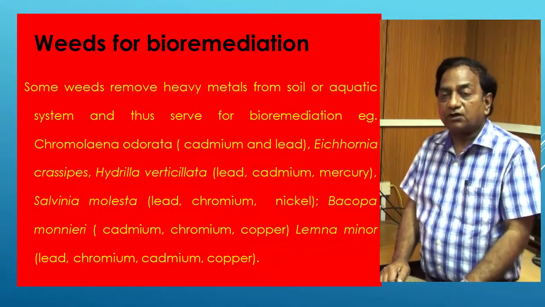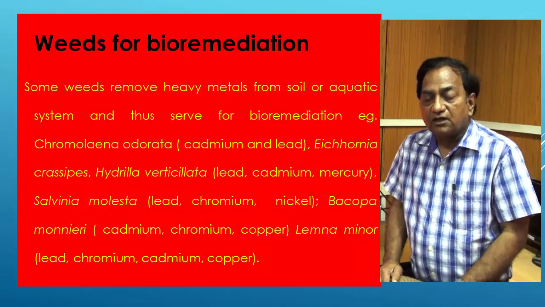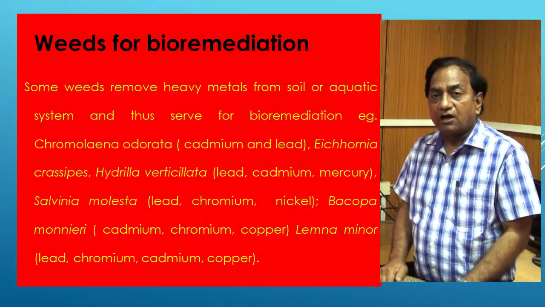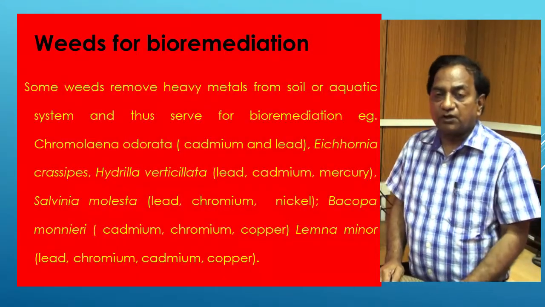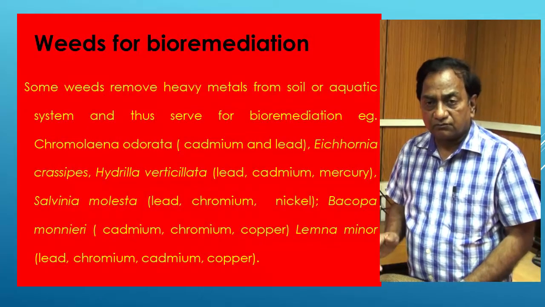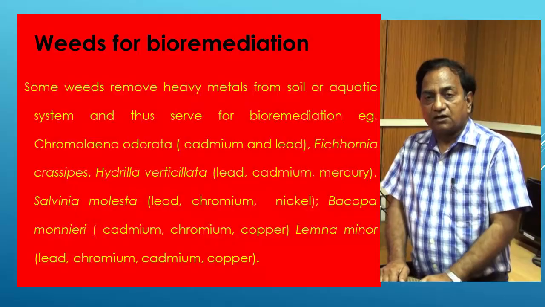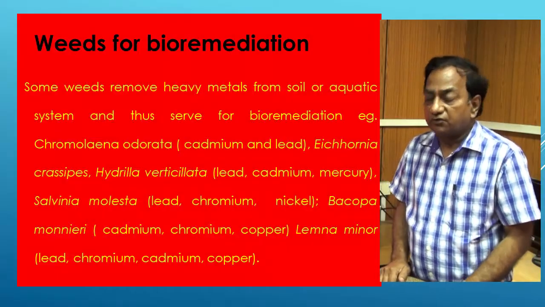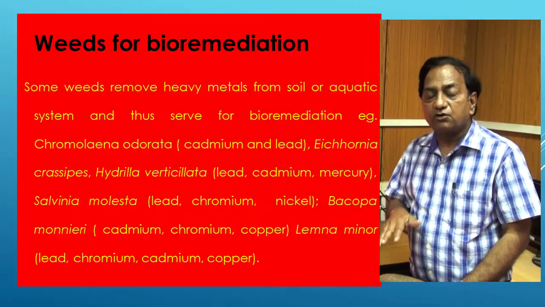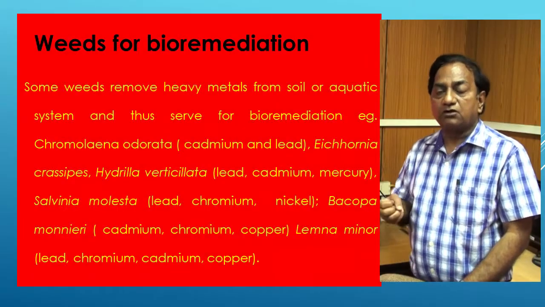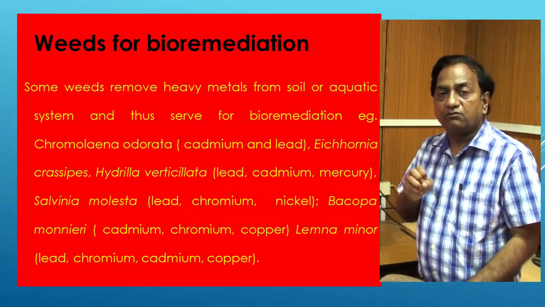Weeds for bioremediation. This is very important, because many industries are synthesizing various products, and a lot of heavy metals come as a byproduct from their factories, and they affect the neighboring fields by deposition of heavy metals. So some remedy should be there to take out or absorb those heavy metals from this drain water.